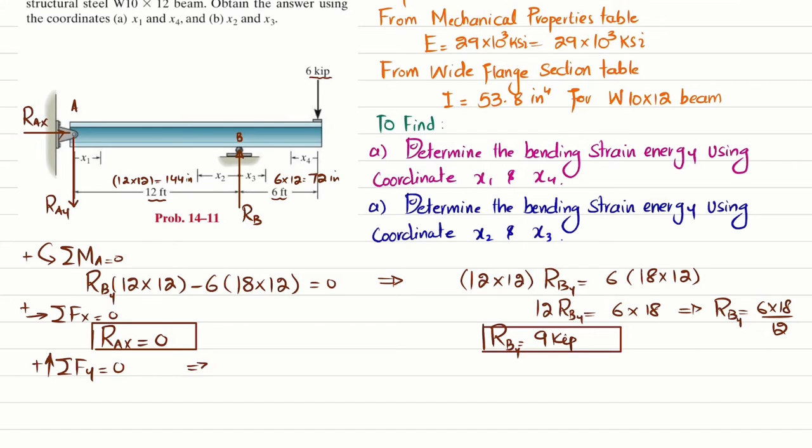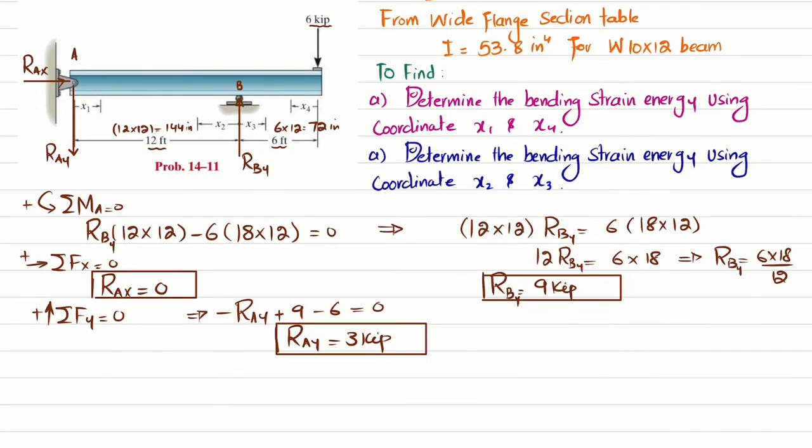So minus RAY plus RBY, which is 9 kips, minus 6 is equal to 0. So RAY is equal to 3 kips. Now you have all the reaction forces, so we will move toward finding the bending strain energy.